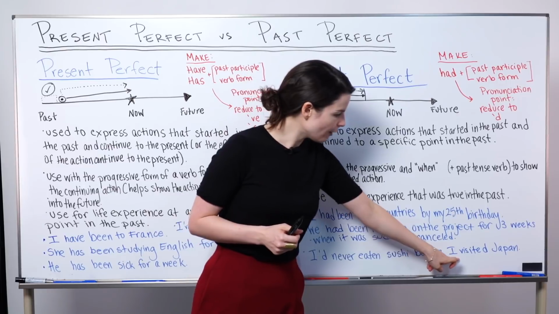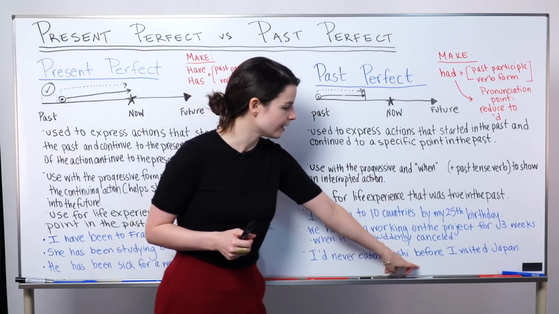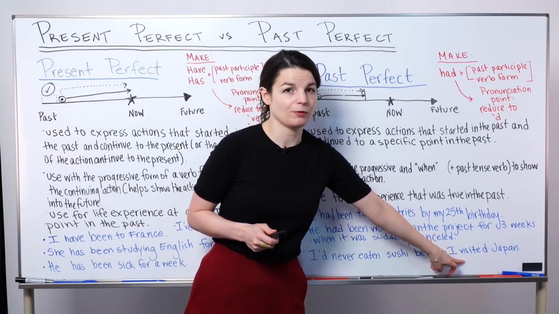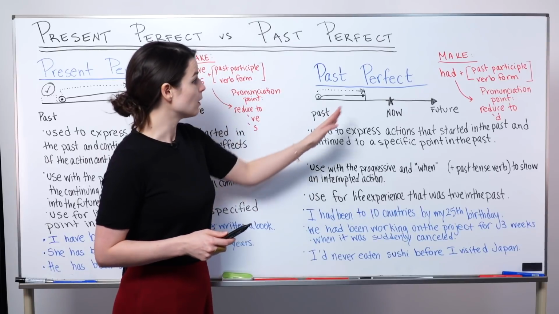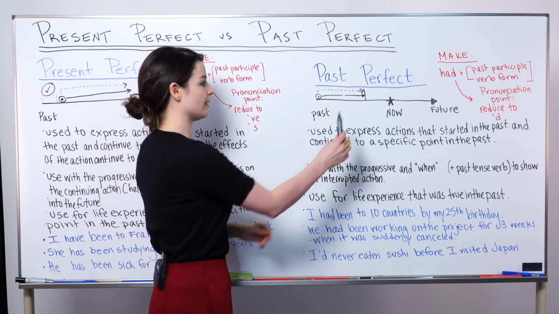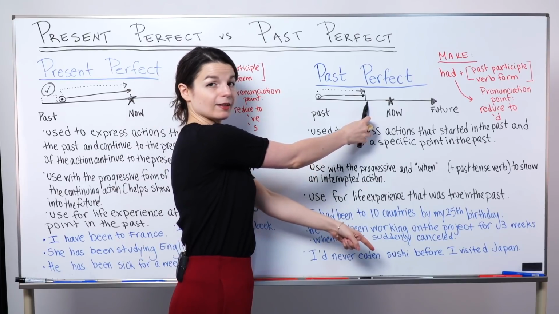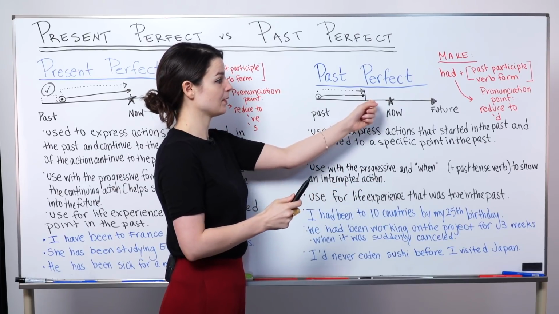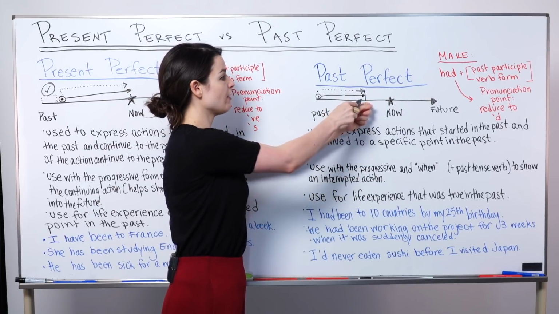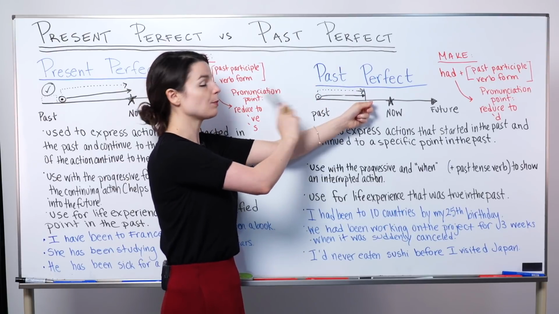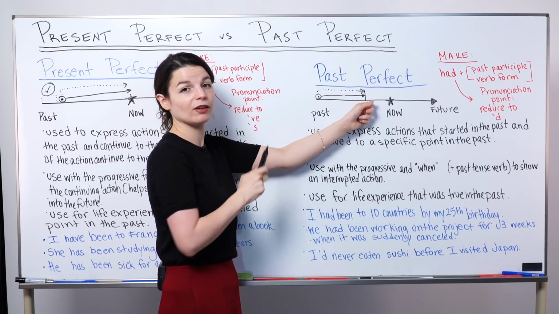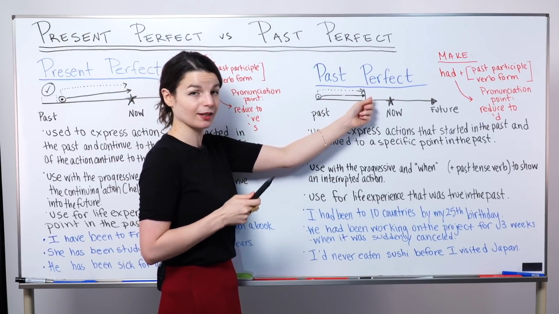So here we have a good hint: a past tense situation, a past tense clause. So before I visited Japan, here's a key point in time. The speaker has had the experience of visiting Japan. Before that, the speaker did not have the experience of eating sushi.